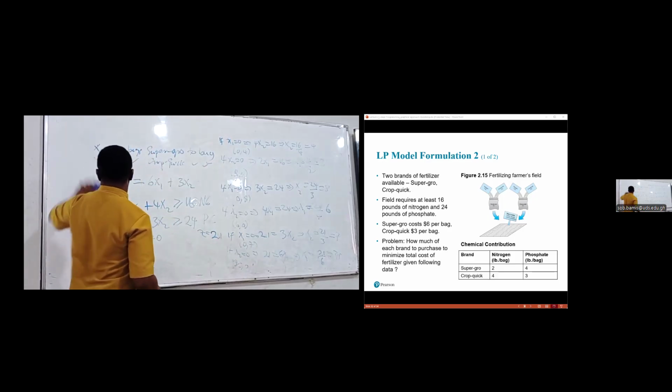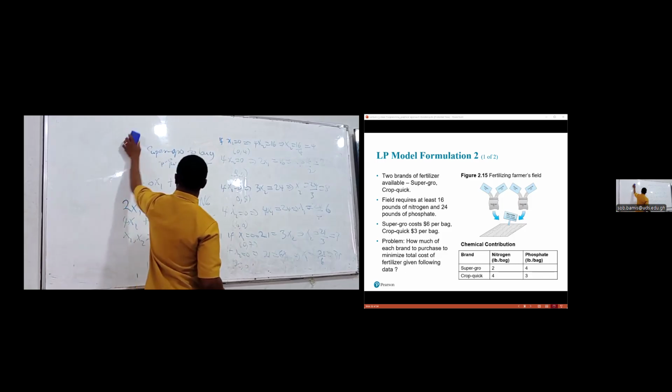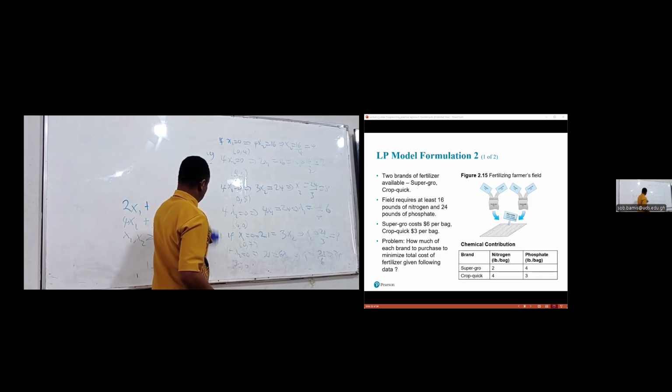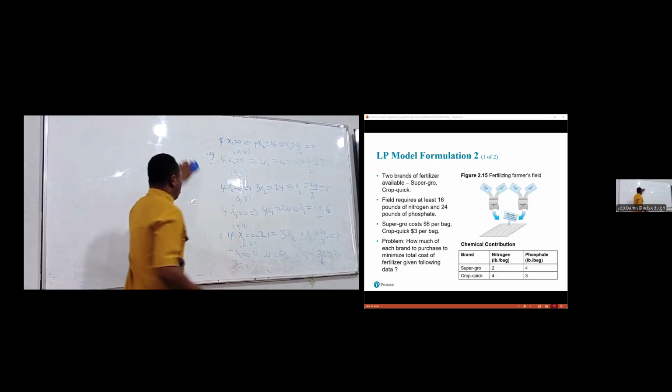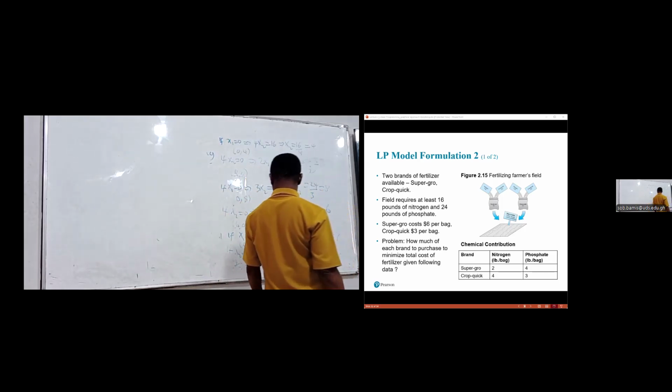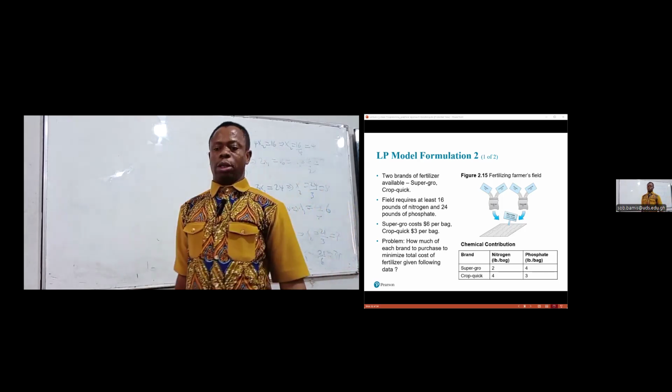Let me clear here. From the values, I think the largest number we have seen is 8. So we can just do 1, 2, 3, 4, 5, 6, 7, 8.